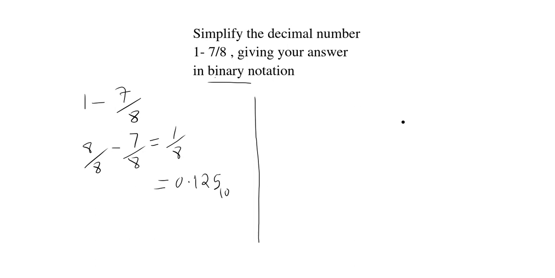If you remember, when you have a decimal number which has some decimal places, we use the method that we call repeated multiplication by 2.